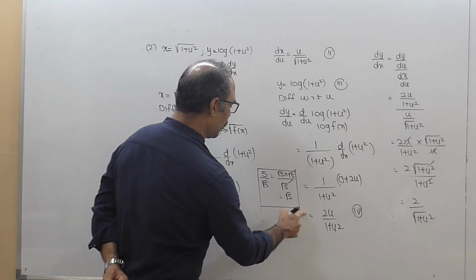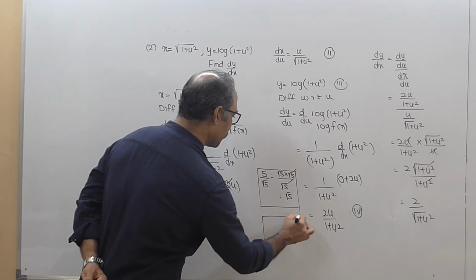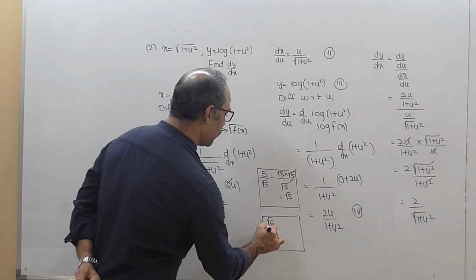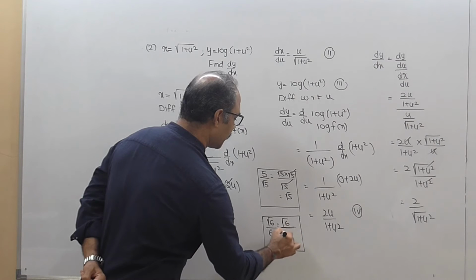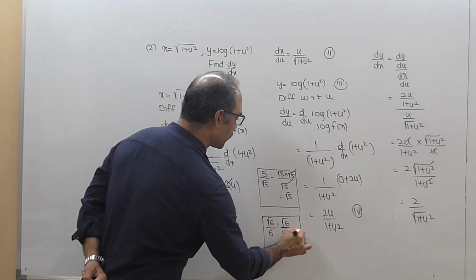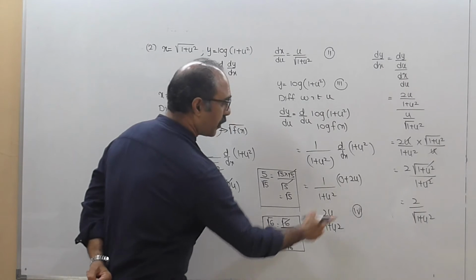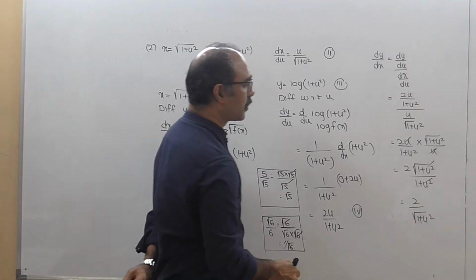So now coming down to this example, if you have root 6 upon 6, 6 we can write it as root 6 into root 6. Cut it. I think the answer will be 1 upon root 6. That is how you get in the denominator 1 plus u square.